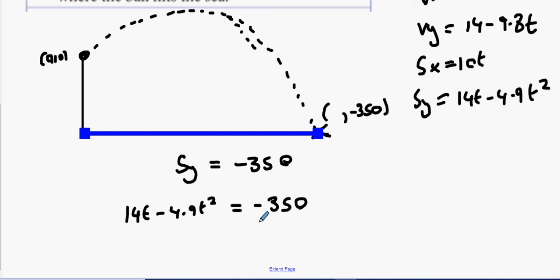Alright. Divide everything by 4.9. I think I'm going to get minus 1t squared. I'm going to get minus 500/7. You can do the minus b formula if you want, it's no big deal. 20/7.